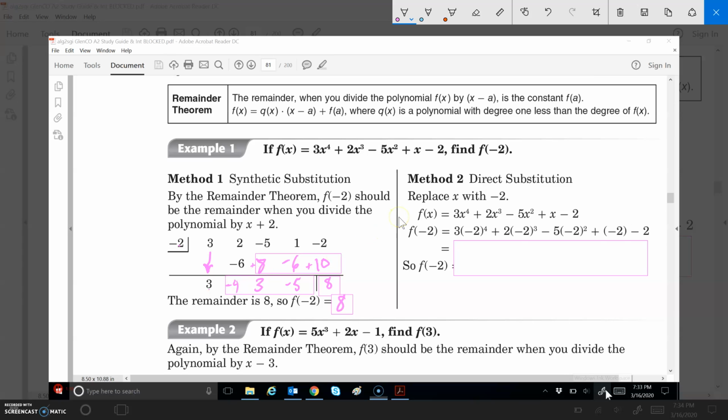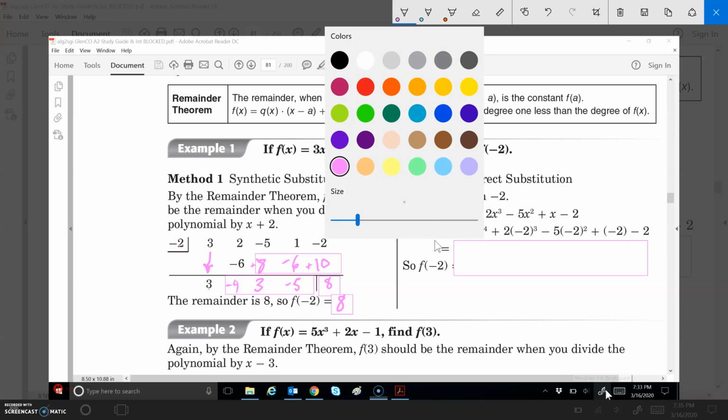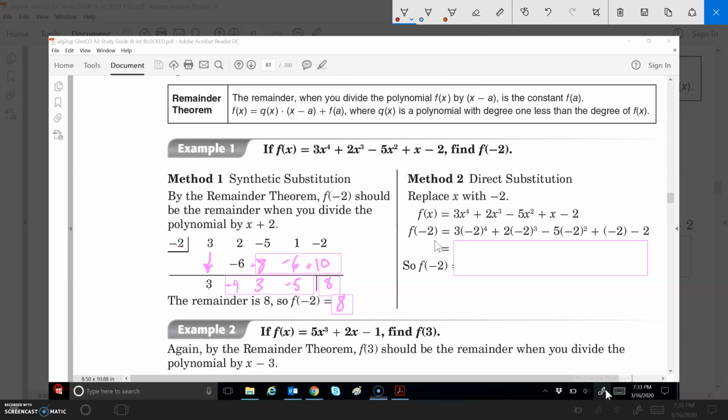Alright, another technique is to plug negative 2 in for each x value. So I have negative 2 to the 4th power, so that's 2, 4, 8, 16, and it's positive. So 3 times 16, plus negative 2 to the 3rd power.